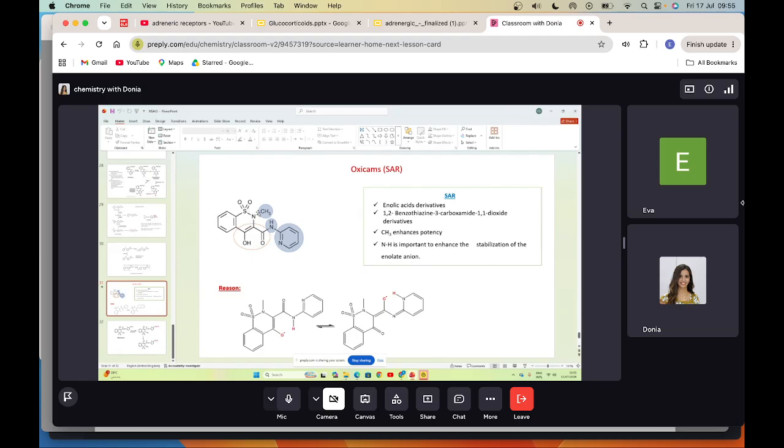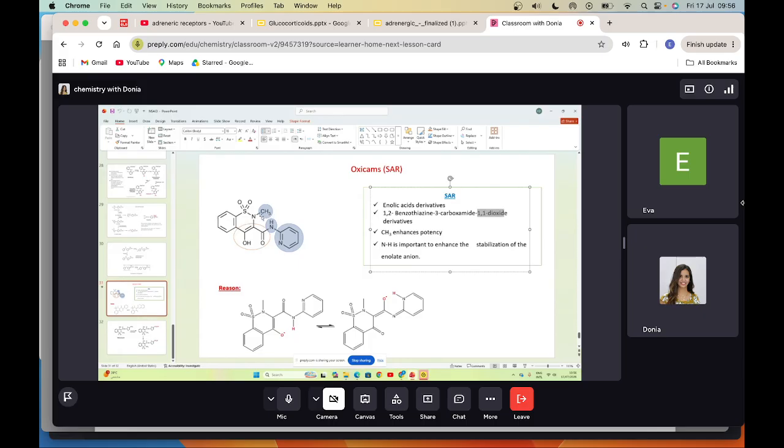On the sulfur we have two double bond O, so that's why we call it dioxide. You will find in the name 1,1-dioxide, at position 1. At position three, we have what we call the carboxamide group.